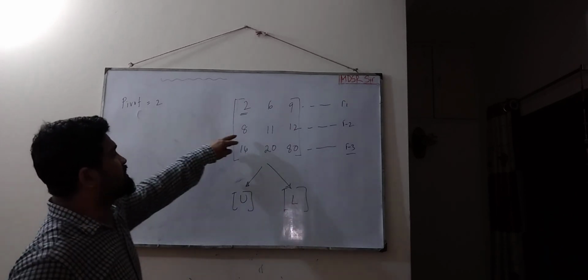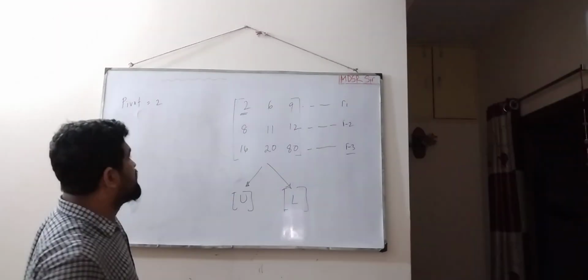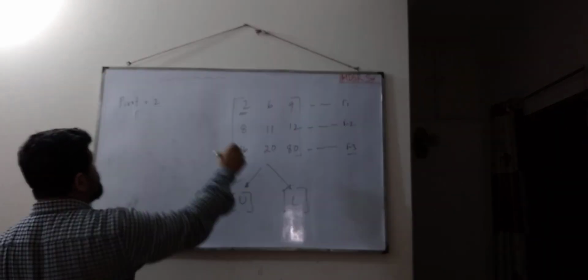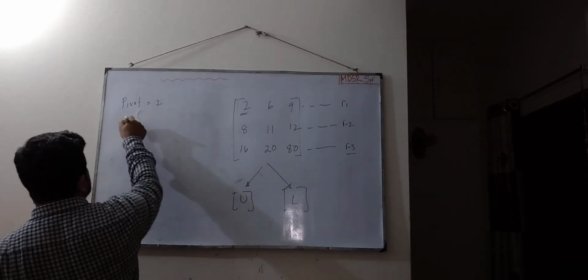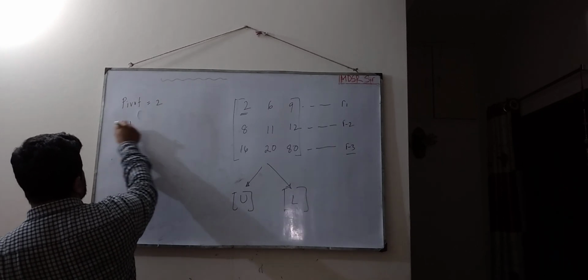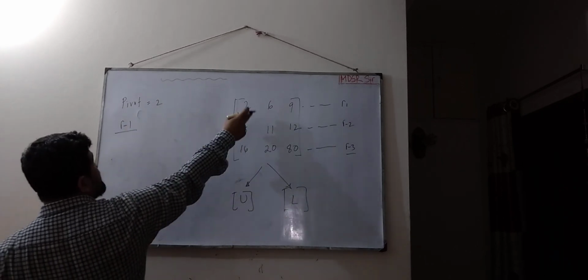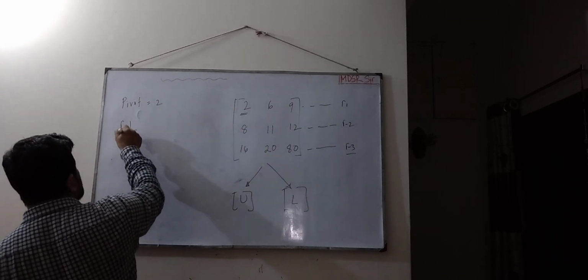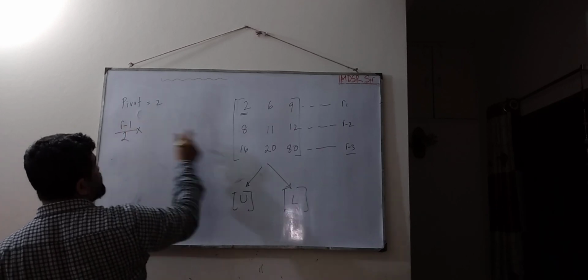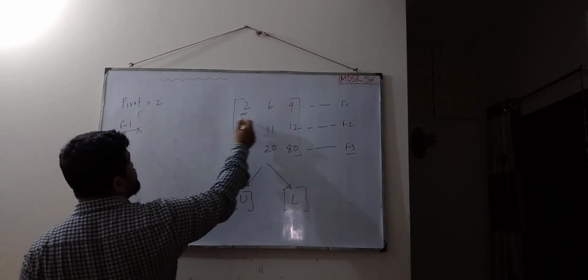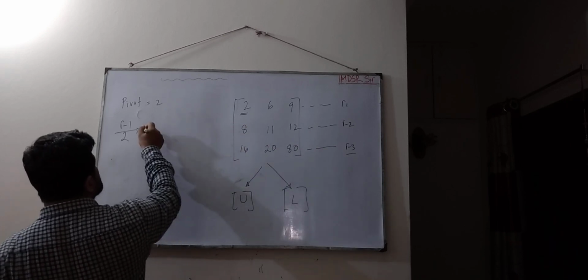Now we need to make this one 0 and this one 0. How do you do that? We can divide row 1 by the pivot element and multiply by the element you want to make 0, which is 8.